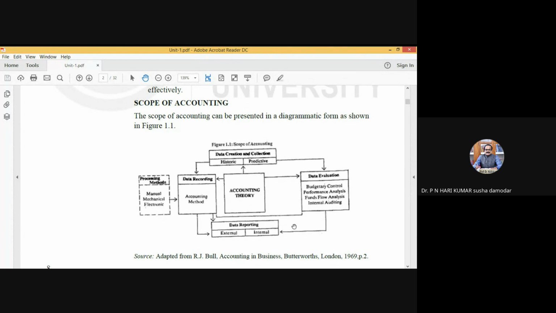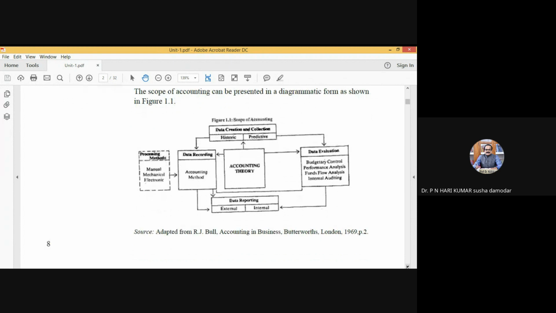This is a particular model developed by R.J. Bull, Accounting in Business, Butterworths, London, in the year 1969. This model clearly specifies the relevance or the scope of accounting.